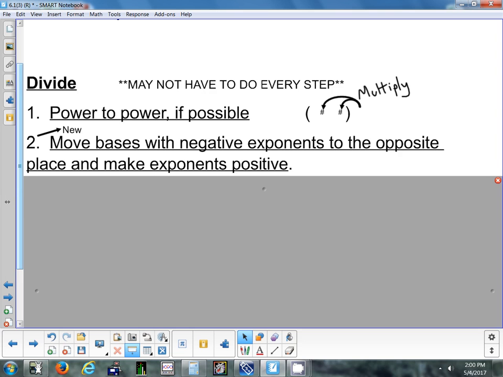If it's in the bottom, move it to the top. Make sure you take the base with it. The base and the exponent go. The only thing that's going to change is the exponent becomes positive. Nothing happens with the base. Very rarely when we're doing this stuff does the base ever change. The base is always going to stay. When you move it from the top to the bottom or bottom to the top, that's what's going to make the exponent positive.